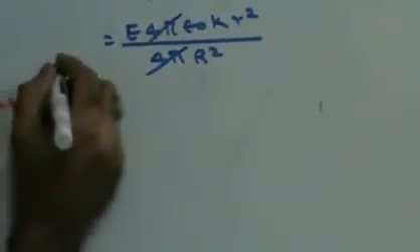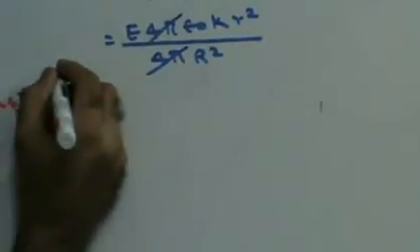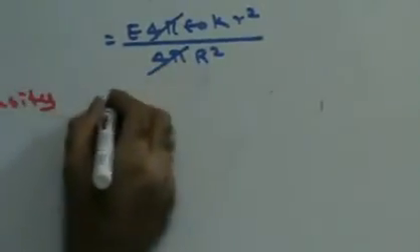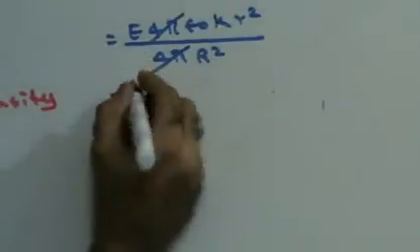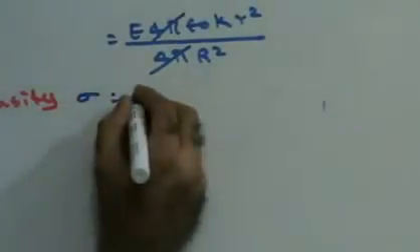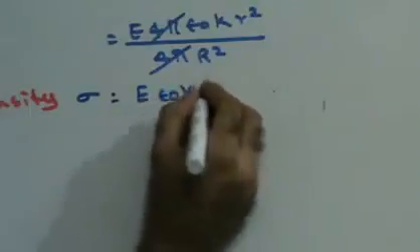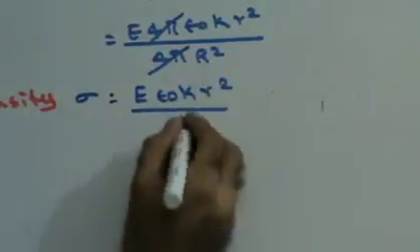So in which case you will get sigma is equal to E epsilon 0 K r square upon r square.